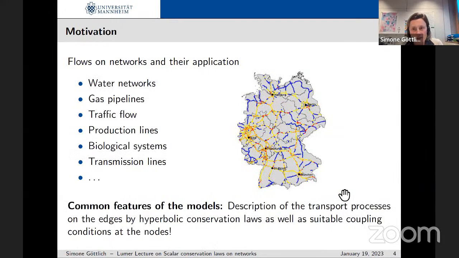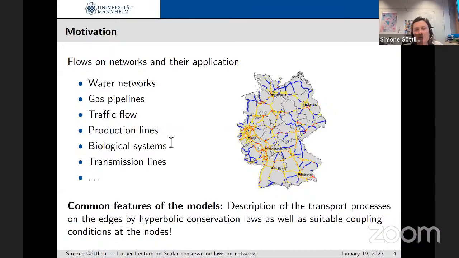So what do all these applications have in common? Of course, they describe a so-called flow on a network. And the applications, as we have seen on the slide before, are very fruitful in the sense that there are interconnected systems, and they are all characterized by a special kind of dynamics.